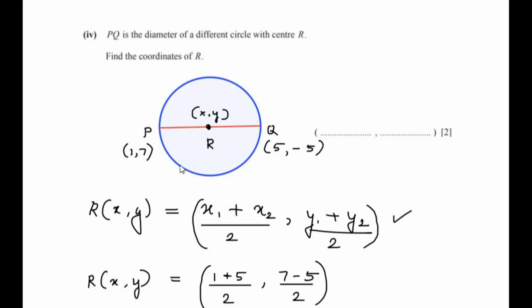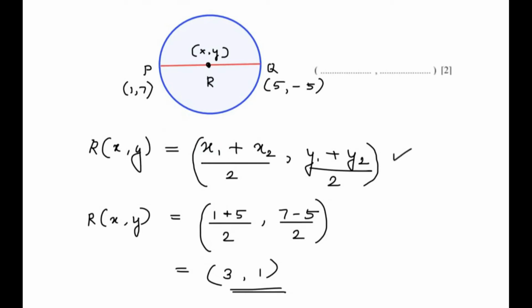Now we are going to add the x coordinates of the points P and Q. So 1 plus 5 divided by 2, and add the y coordinates, 7 plus minus 5 over 2. 1 plus 5 gives us 6, 6 divided by 2 is 3, and 7 minus 5 is 2, and 2 over 2 is 1. So this is the coordinate of the center of the circle R, that is (3, 1).